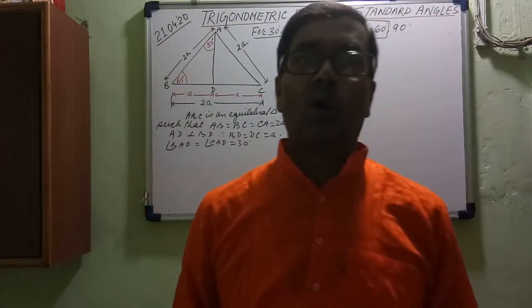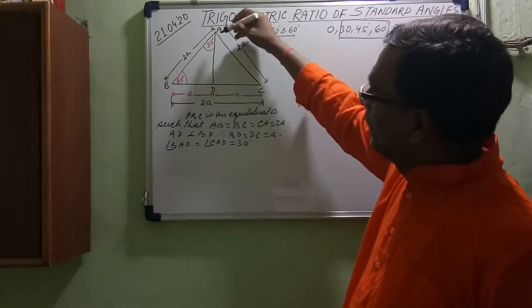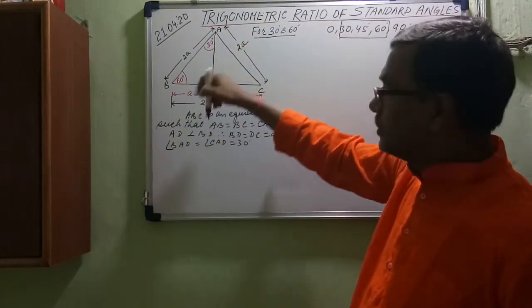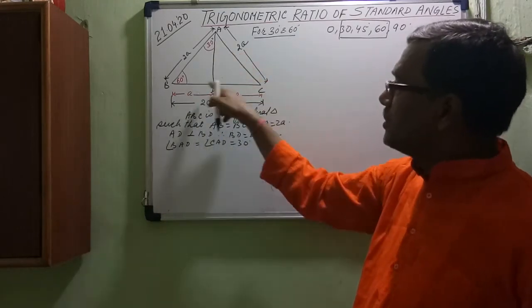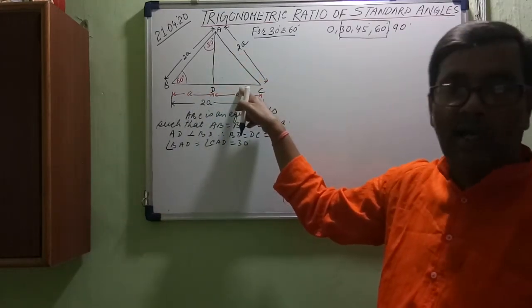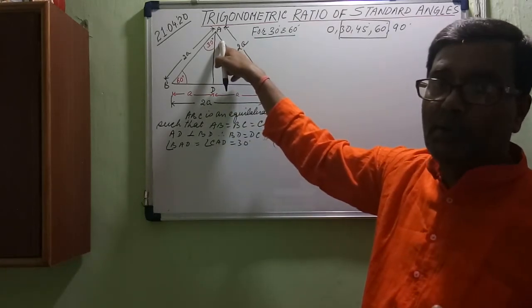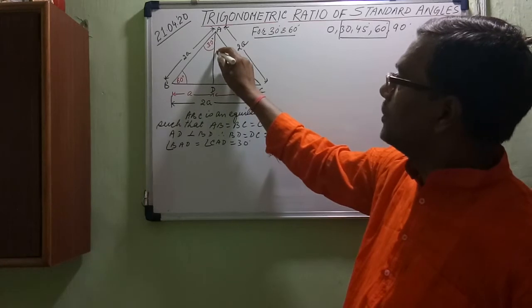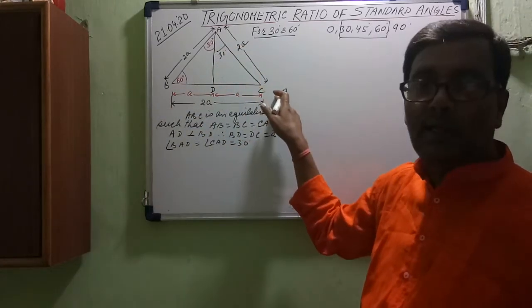This is a property of an equilateral triangle: when a perpendicular is drawn from the vertex to its opposite side, the perpendicular divides the opposite side into two equal parts, as well as the vertical angle into two equal parts. That means this is 30 degree and this will of course be 30 degree. This is BDA and CDA.